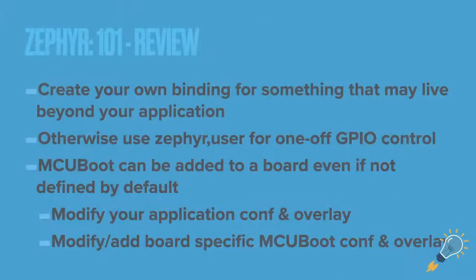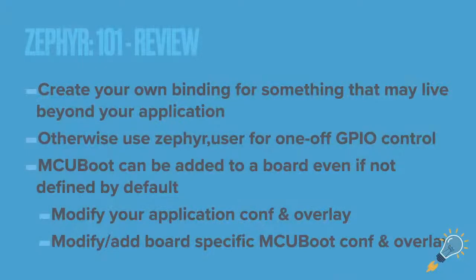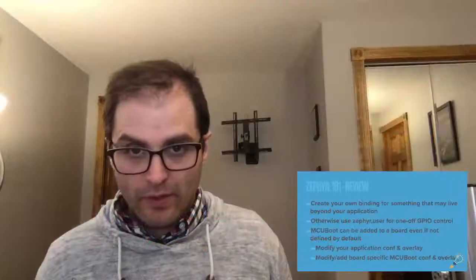MCUBoot can be added to most boards, even if it's not defined by default. As you saw, it's a little bit of tweaking, adding that flash entry and all those entries in flash, and also the configurations on both your application side and MCUBoot, so two places. Make sure you do that, and then you're going to be compiling and loading them separately.